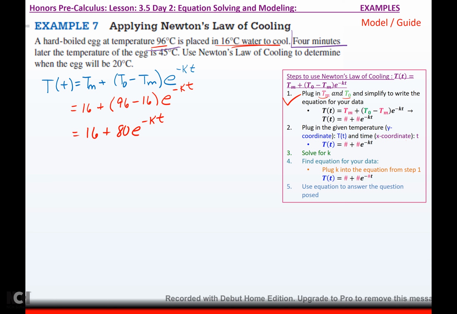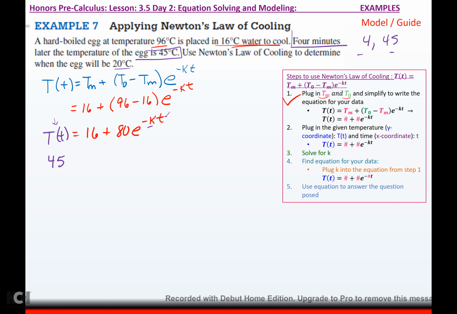It gives me a time and a temperature that I can plug in to figure out my k. Because remember, if I want to figure out k, I've got to have everything else replaced. So I've got to replace this and this, which is why they're giving me this: 4 minutes later, the egg was 45 degrees. I want my final to be 20, but to figure out the rate at which this thing is cooling, I have to plug in some data point.